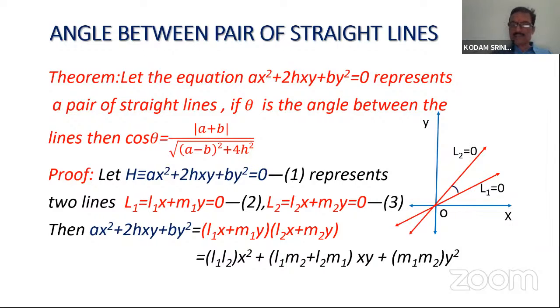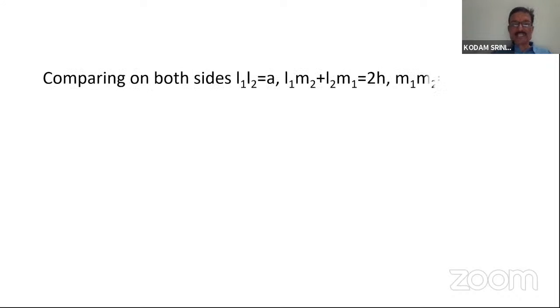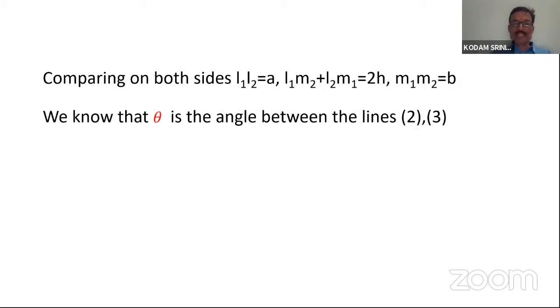Now here, comparing on both sides. Given that this is a pair of straight lines, and L1 equal to 0 and L2 equal to 0 are two straight lines and theta is the angle between them. Comparing on both sides, l1l2 equals a, l1m2 plus l2m1 equals 2h, and m1m2 equals b. Already given that theta is the angle between the pair of straight lines.